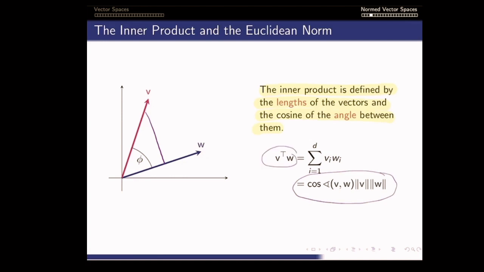The more similar direction the two vectors have, the higher is the inner product. And also the longer the vectors are, the higher is the inner product.